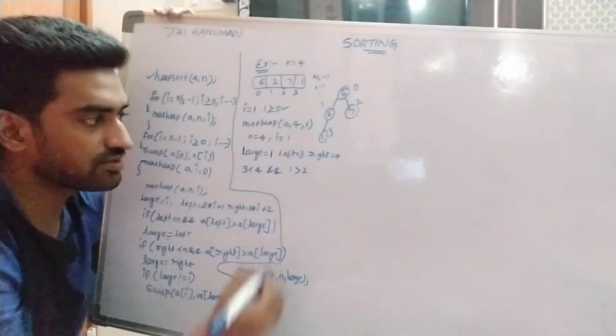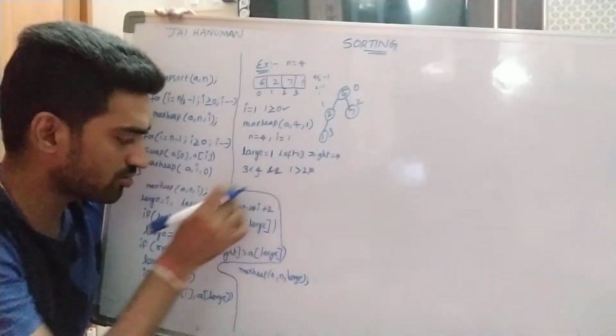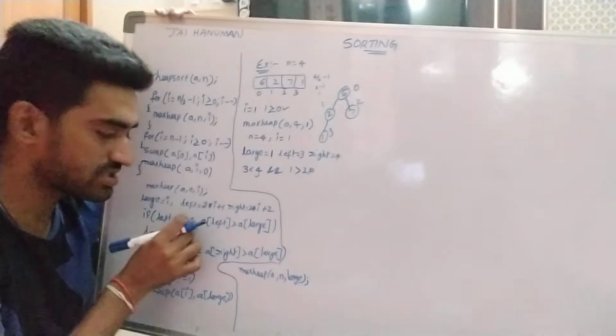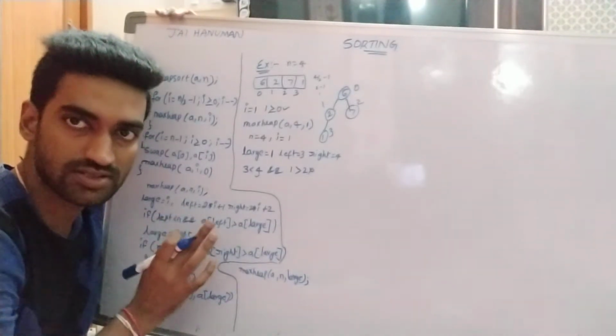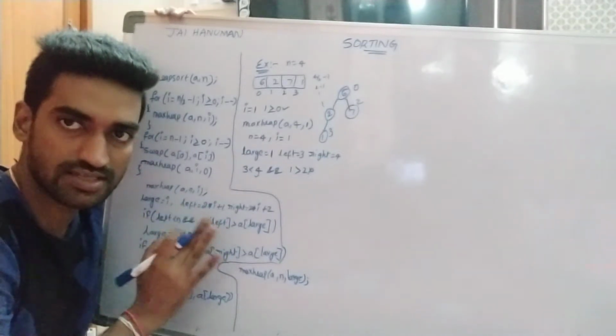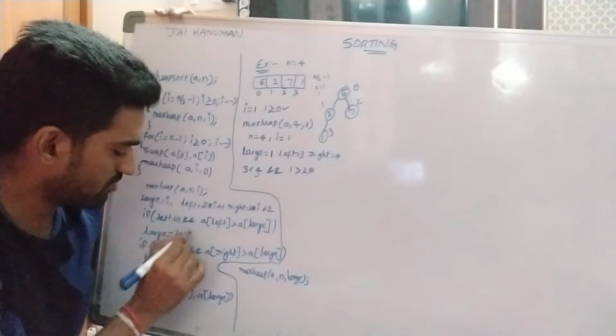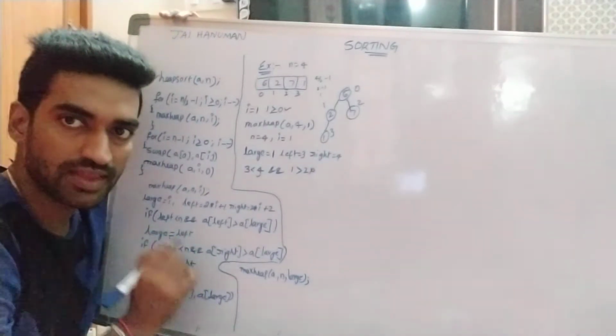So 1 greater than 2 is false, while the first condition is true. Both must be true to process this step, because this is a logical AND. Otherwise we cannot execute this statement. So this is a failing condition, and that's why we do not set large equal to left, right?